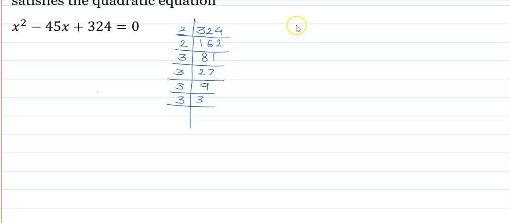Their product is 324 x square, and here the minus 45x.